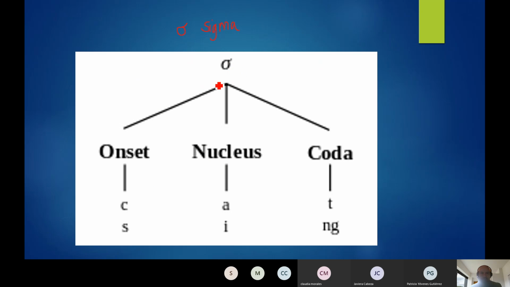For example, we have the word cat. In the word cat, we can identify the nucleus or peak, because it's the vowel sound. Then the sounds before the nucleus, in this case k, will be called the onset, and the sounds that come after the nucleus will be the coda, in this case t.